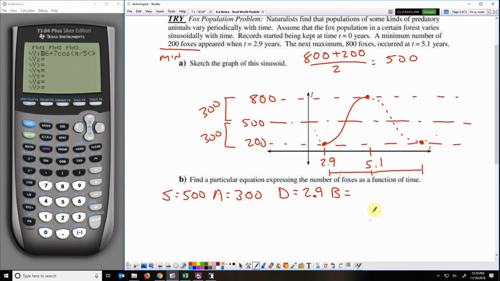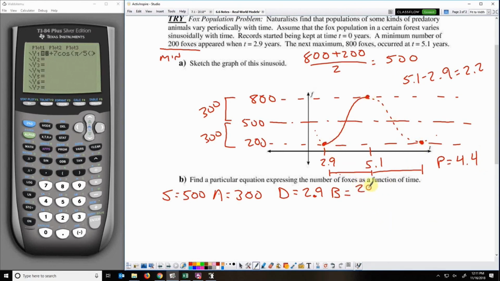So 5.1 minus 2.9 will give us that half period, and that is 2.2. If you double that, you're going to get 4.4. So the period is 4.4 years to go from a minimum to a maximum and back.